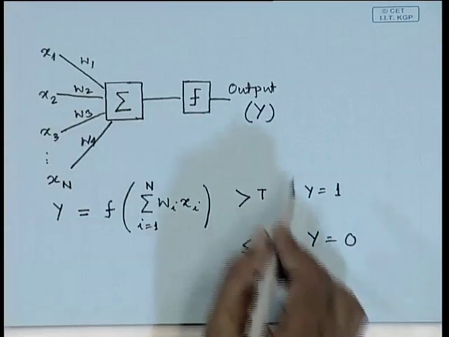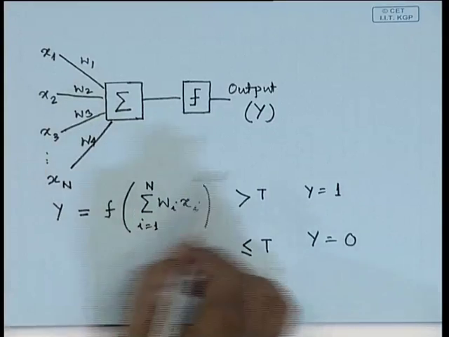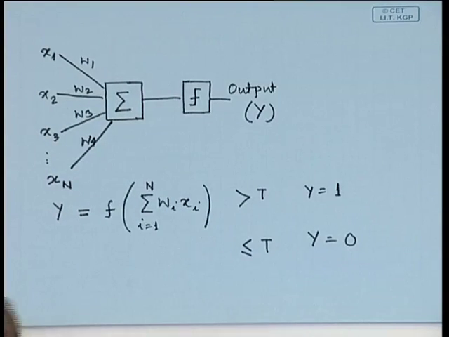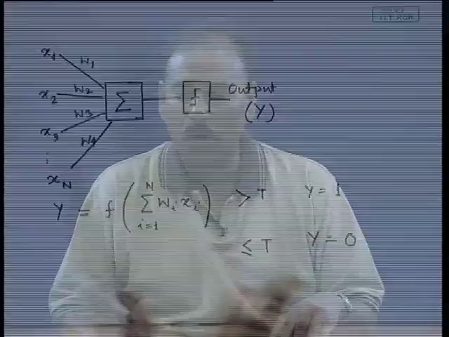Having this kind of functionality, you find that it has a very close similarity with one of the linear discriminators that we have designed earlier. We said that if gi(x) is greater than 0, it belongs to some class, if it is less than 0, it belongs to some other class.